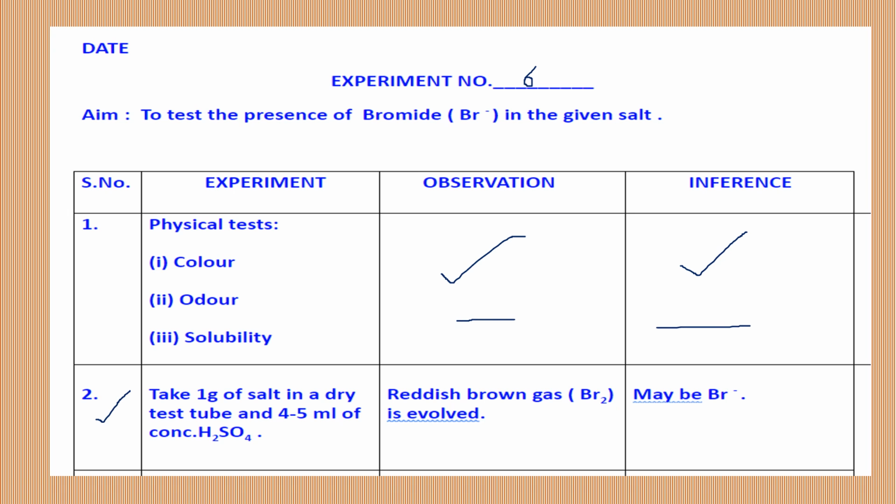It's better when you do it in the lab, then you fill these two columns of observation and inference for the physical test. But the chemical test, you can write all this and then perform it in the lab just by looking at your file. By that time you can prepare, you can remember the test, they will help you in Viva also.